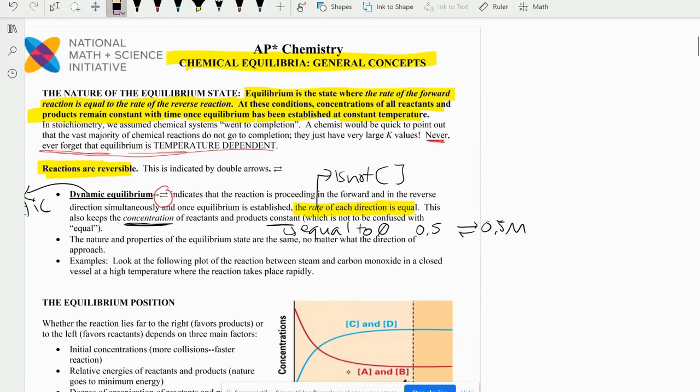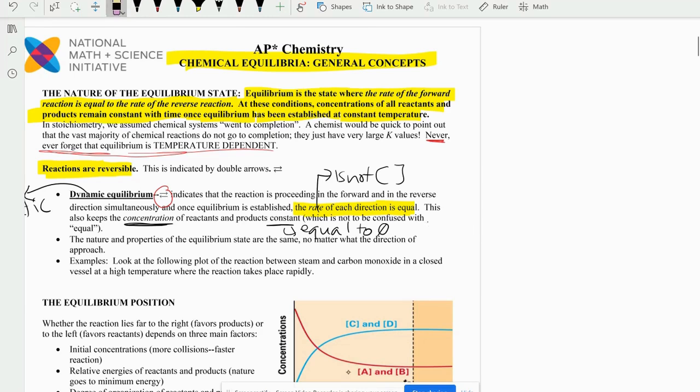Oh, sorry. You could have a reaction where, I'm doing hypothetical concentrations, the reactants are at 1 molarity, and at equilibrium, maybe the products would be 0. Maybe the reverse reaction's favored completely, and that's the equilibrium that has been established, okay?